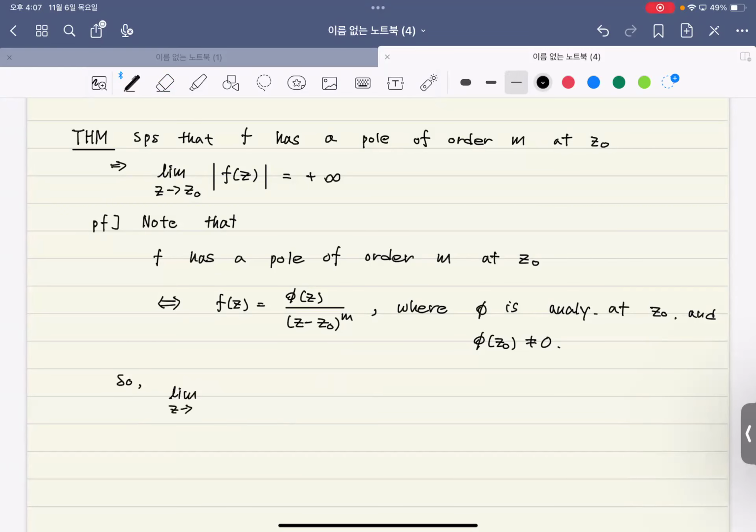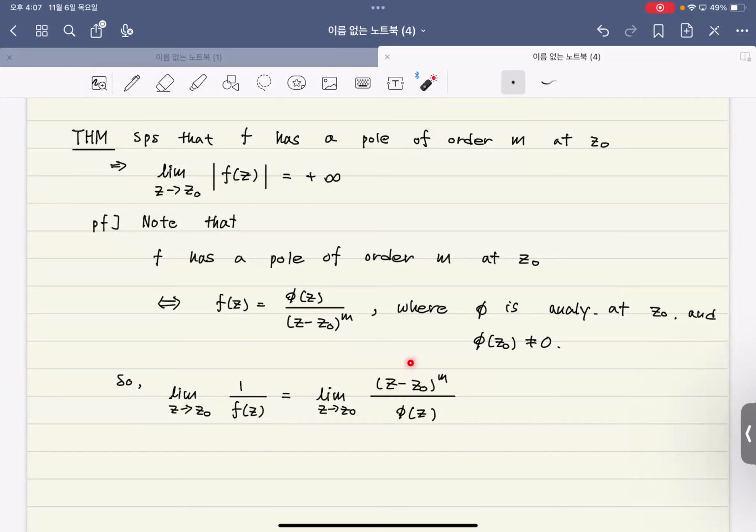So I want to know the behavior of the function 1 over f of z. Since I am talking about the reciprocal of my function f, z minus z0 goes to the top of the fraction, and phi of z is now the bottom of the fraction.